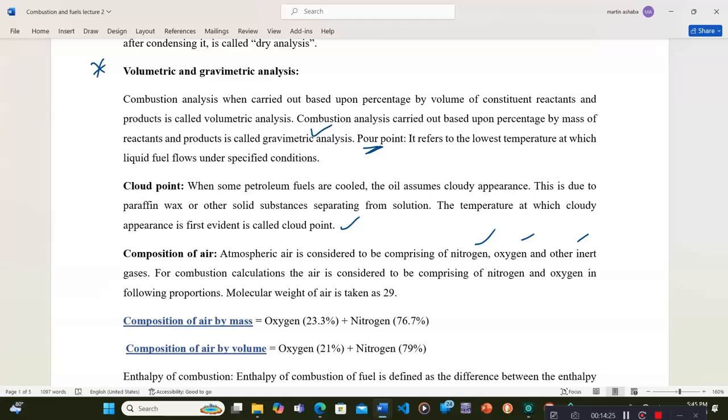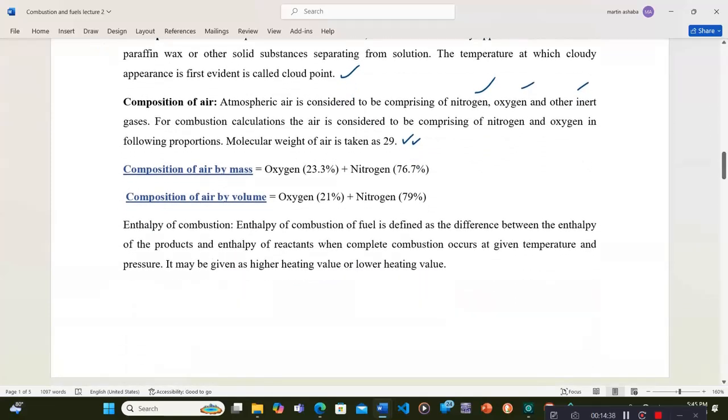The molecular weight of air is taken as 29. The composition of air by mass is oxygen at 23.3% and nitrogen at 76.7%.